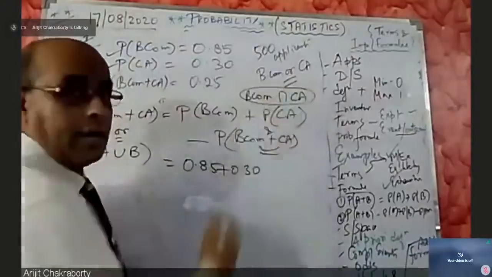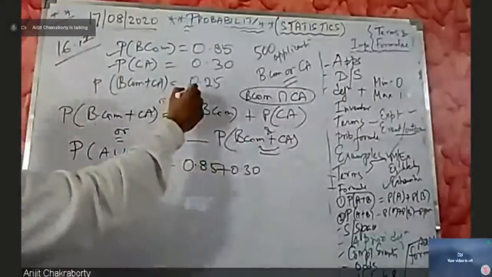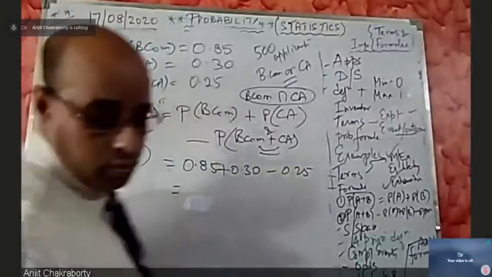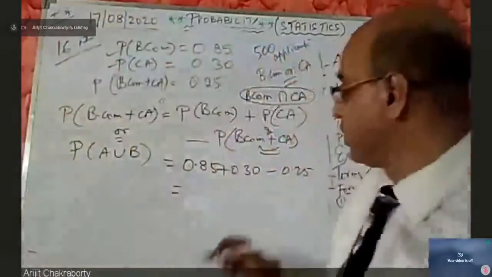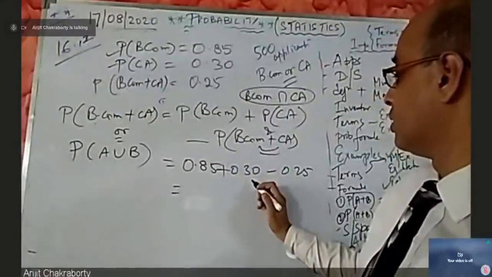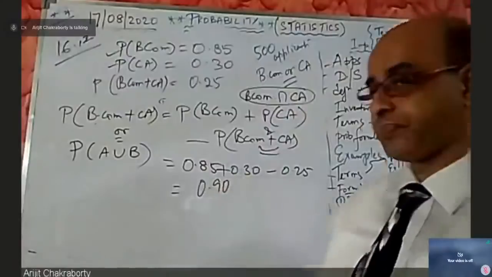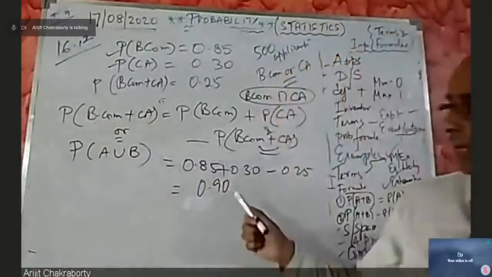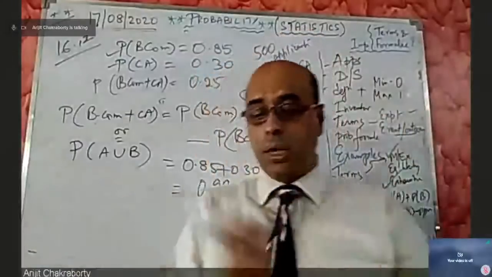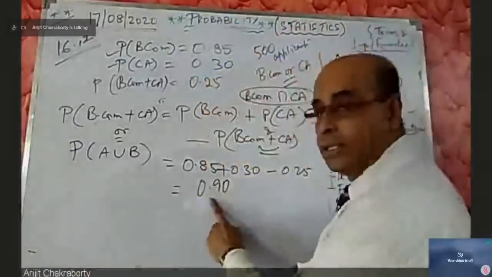You are both BCom and CA. So this is 0.25, so it is minus 0.25. Let us see what this comes out to. It comes to 0.90. So the probability that the accountant will be either BCom or CA is 0.90.